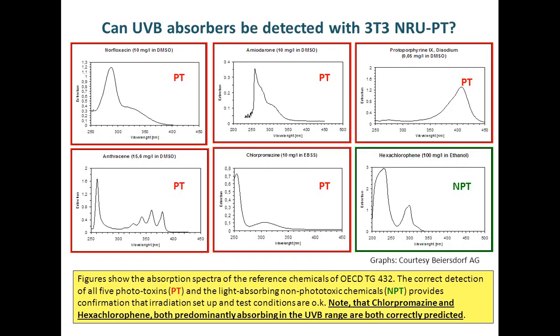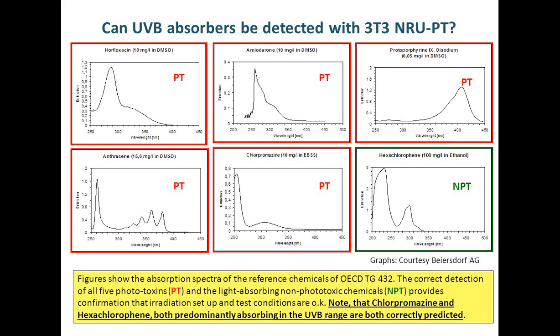because the toxicity of the UVB light doubles with each reduction by 10 nanometers in wavelength. So if you go from 290 to 280, the toxicity of the light doubles. And from 280 to 270, the toxicity doubles again.